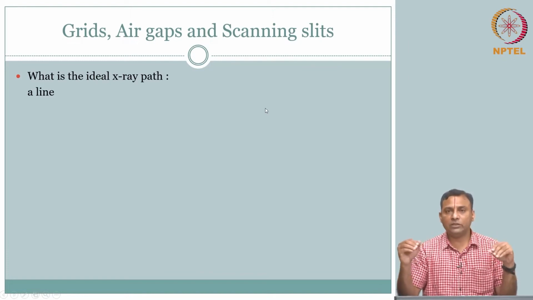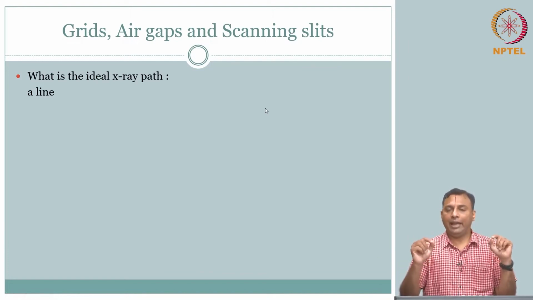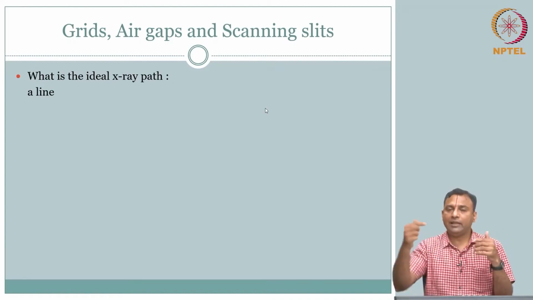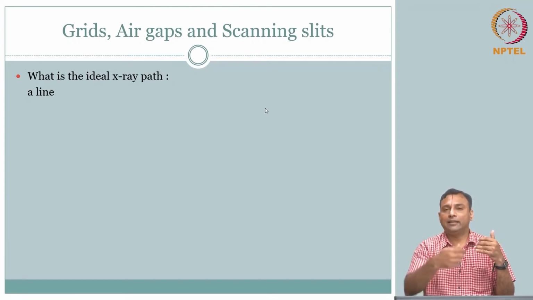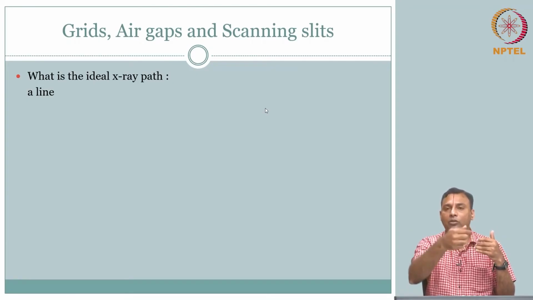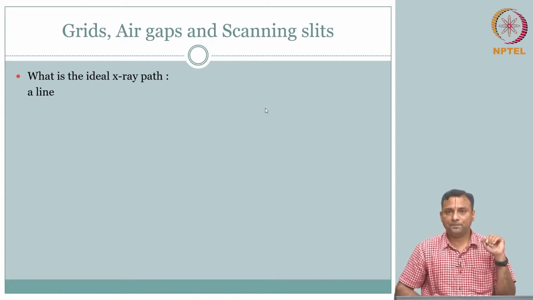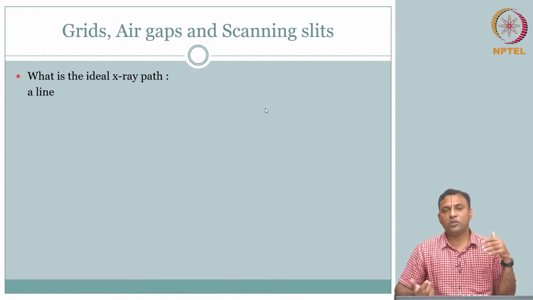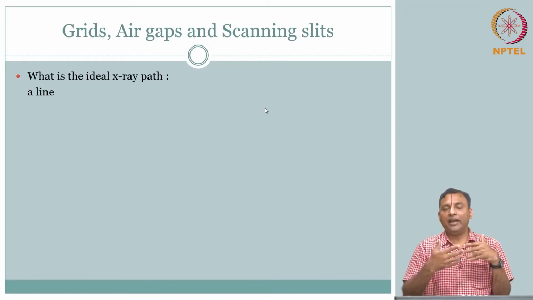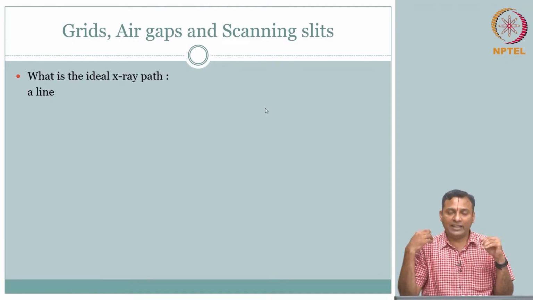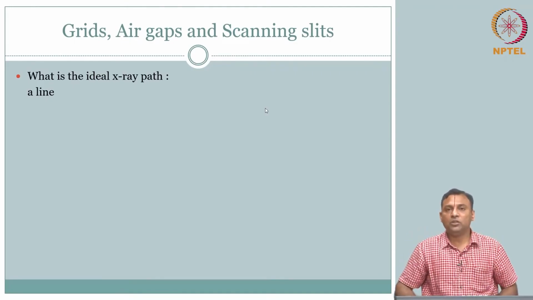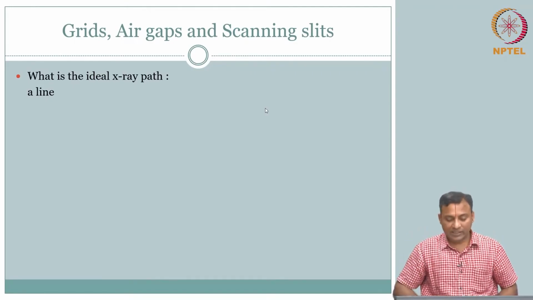Their objective is to enable minimizing the signal that is entering from Compton scattering, and maximizing the photons that are entering through the straight line path, right. So in some sense you are trying to get very good signal to noise ratio.